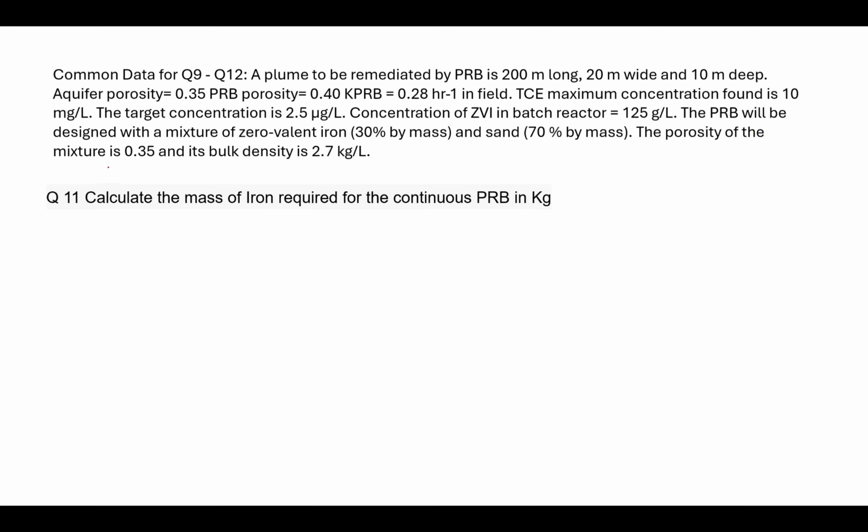The porosity of the mixture is 0.35 and its bulk density is 2.7 kilogram per liter. Using this information, we have to find out the mass of iron required for the continuous PRB in kg. Please try to solve this question. Let me give you the formula.